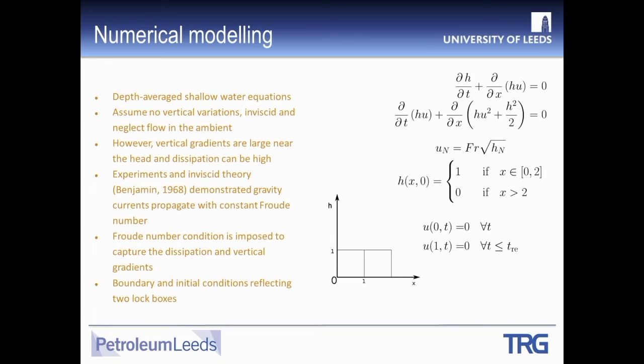Classic gravity current theory from Benjamin in 1968, and then lots of experiments motivating this as well, is that a gravity current will travel at a constant dimensionless head velocity known as the Froude number. So most models impose this as a condition. We say the velocity at the head, u_N, is a constant called the Froude number times the square root of the depth.